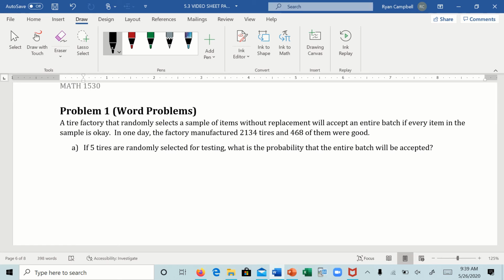We will accept an entire batch if every item in the sample is good or okay. So if we have 5 tires in our sample, then we need all 5 tires to be good. 5 good tires.